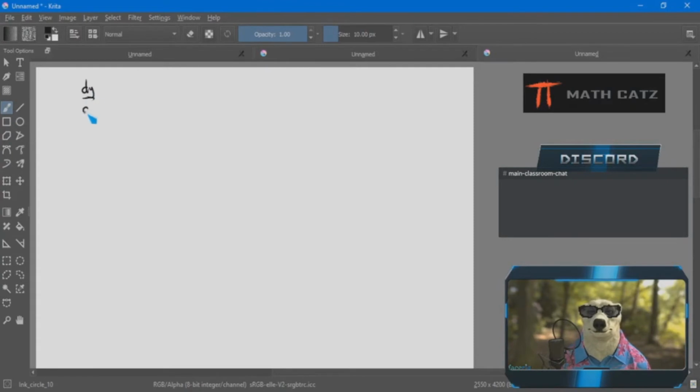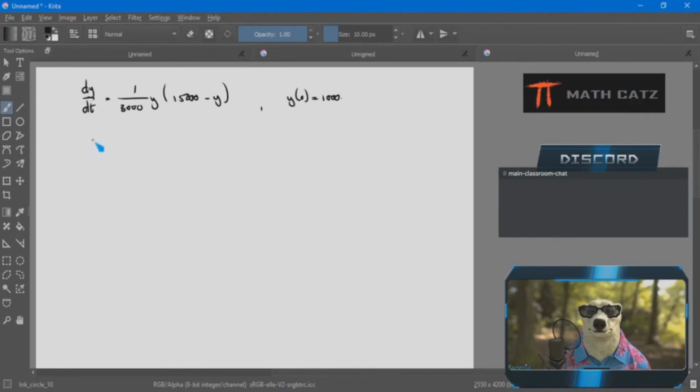Let me write it down again so we see it here. 1 over 3,000 y times 15,000 minus y, initial condition 1,000. All right, there we go. So what did we do?